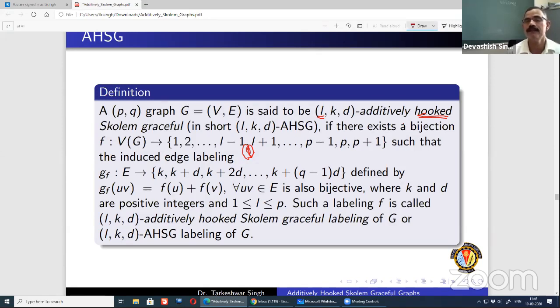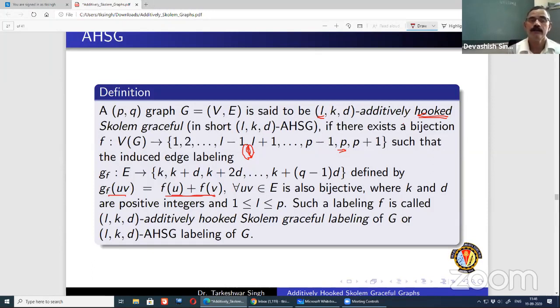It is not necessary that this particular number will be absent. You can take any arbitrary number which is absent, label the vertices of the graph, and take the edge-induced label as the sum of the two vertex labels.